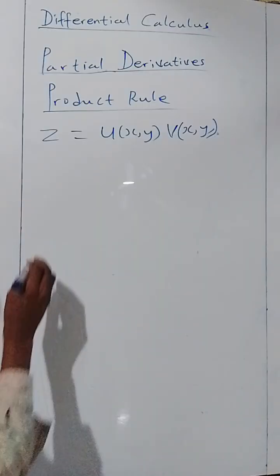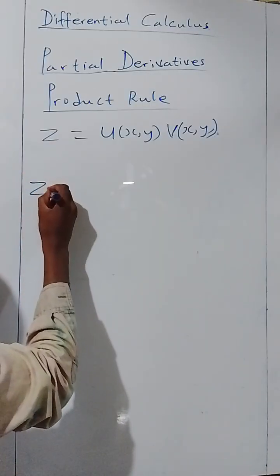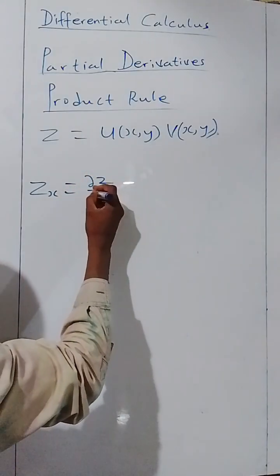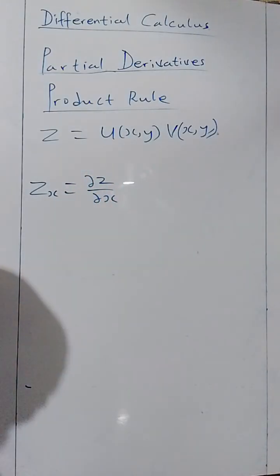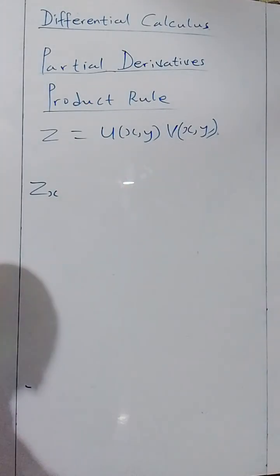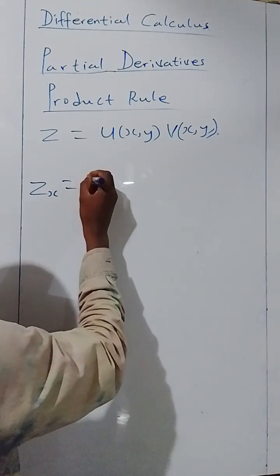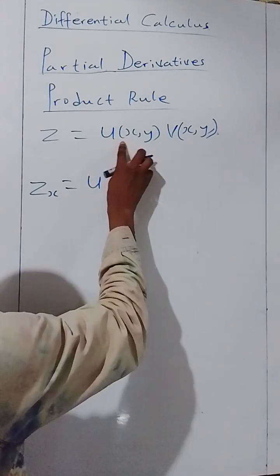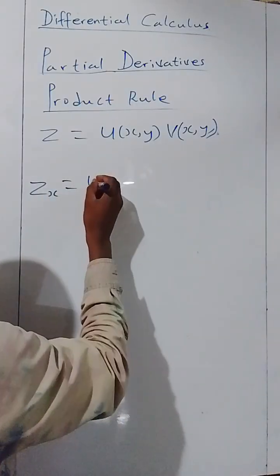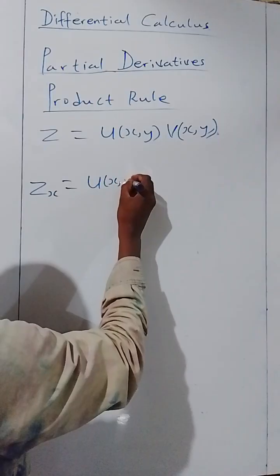The partial derivative of this, mind you, we can write as z sub x, which is equivalent to dz/dx, if you have watched my video on notation. It is equal to u, the function u of x, y.